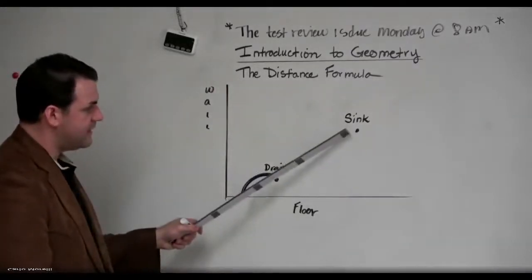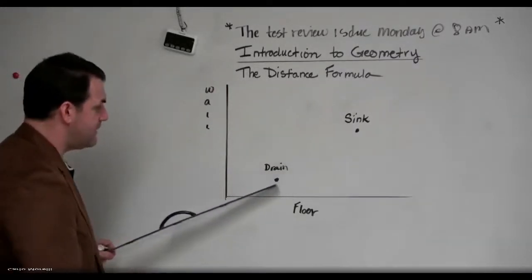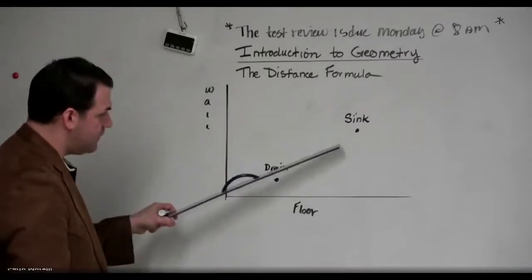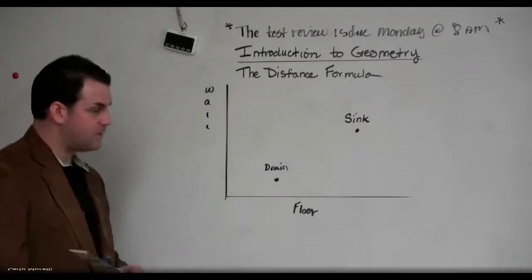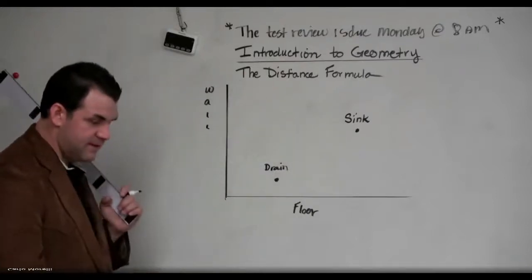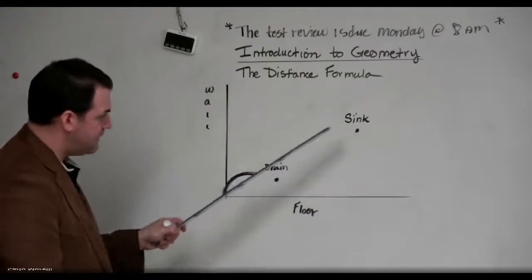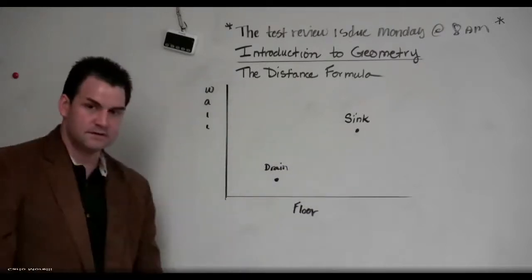So you've got the sink, maybe it runs underneath the cabinet, and down here there's a little hole for the drain, and you're working for a master plumber. Your master plumber comes to you and says, I want you to go cut me a piece of pipe that is the distance from the sink to the drain.